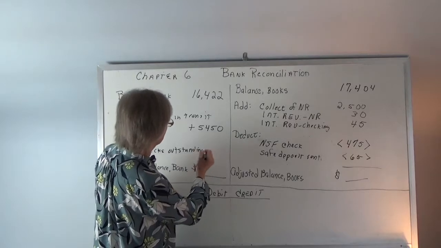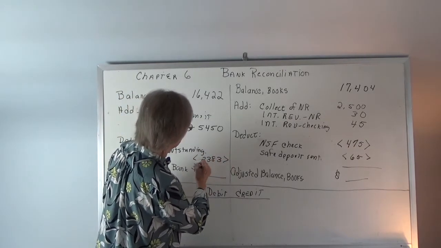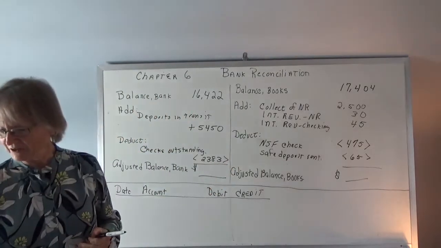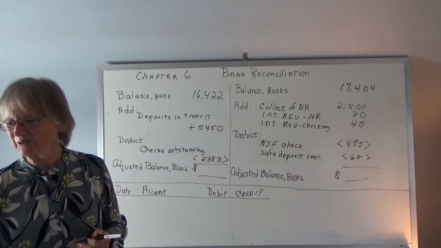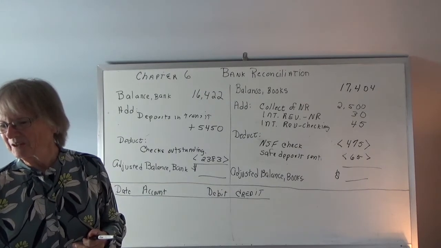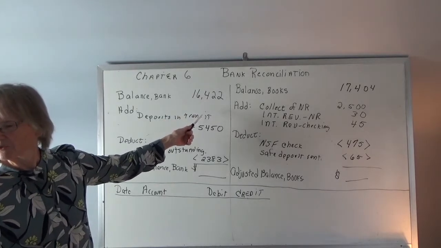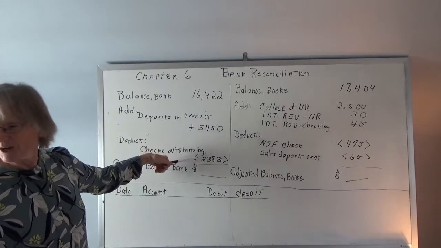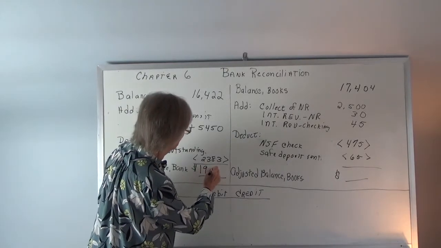So we're going to deduct $23.83. All right. Now, there's no way I can do math in my head, so I have to go down here, make sure we haven't missed anything. We started out with the balance per bank of the 16,422. We add this, we subtract that, and we should get 19,489.